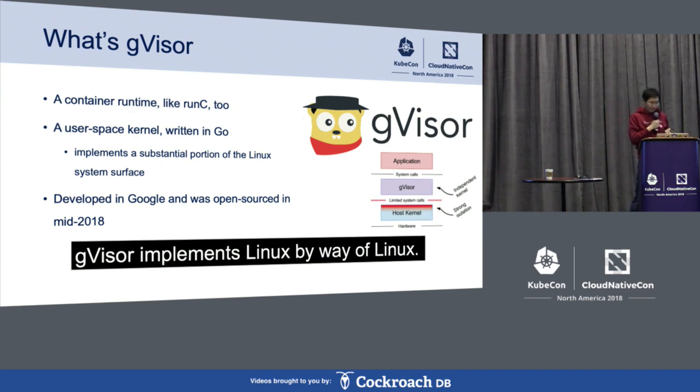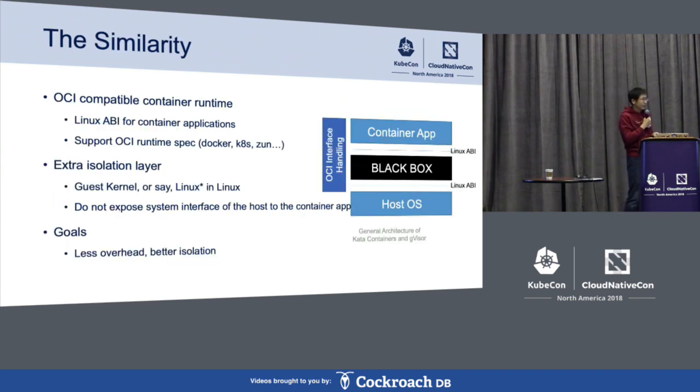It implements Linux in Linux. Both are very similar: they run on top of Linux APIs, and also provide Linux APIs to the container. But there is a black box in the middle. That's the different part between Kata and gVisor.